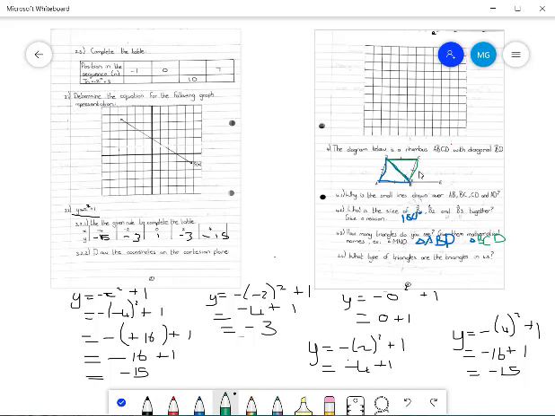So if not all sides, but these two sides are the same length, then we call them an isosceles triangle. Sorry, incorrect spelling, isosceles. So these two triangles are isosceles triangles, if these two legs are the same size. Okay, let's go on to the next page.